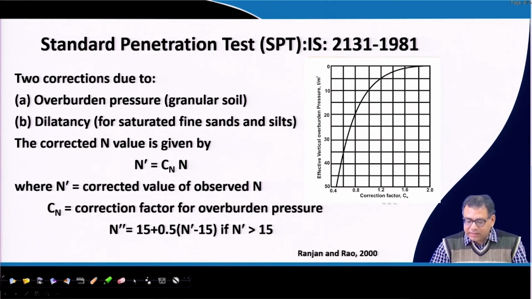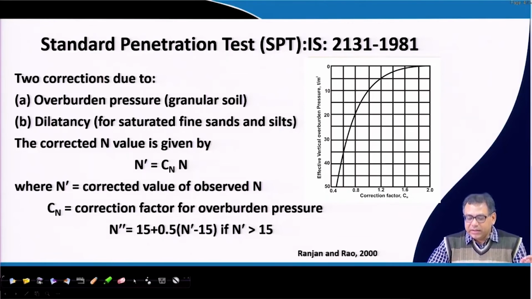So, that is why the Cn value is less than 1. And if your effective overburden pressure is less than 10 ton per meter square, then this is in the shallow depth. So, your measured N value is less, and you have to apply the correction to increase that N value. That is why Cn value is more than 1.